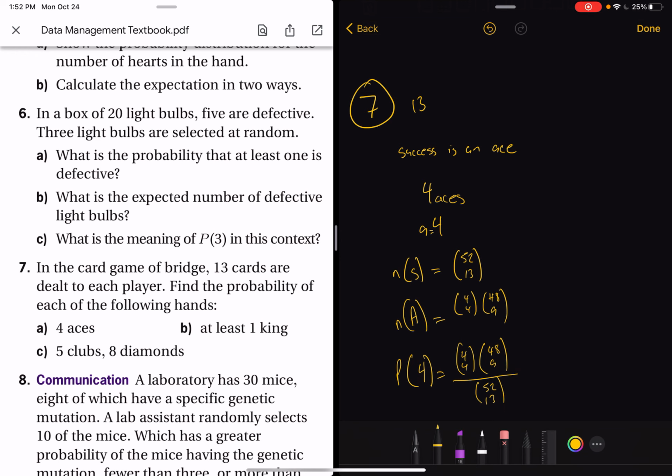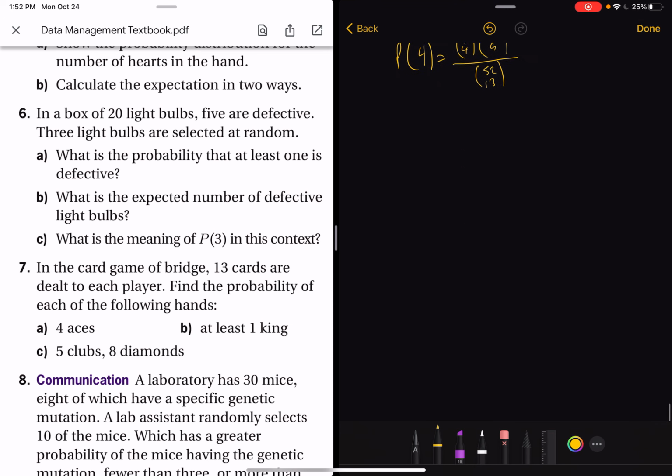At least one king. So we'll do B, at least one king. So let's say the probability of at least one king. Well, there's 2 ways you can do it.